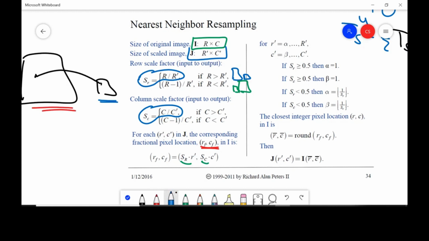So this coordinate here, R prime, C prime, is in the output space. This fractional coordinate, sorry, F is for fractional, not for final. And this coordinate here is in the input space. So this coordinate in blue is coming from the output, then we have some transformation in green, and then we produce a fractional coordinate in the input space.